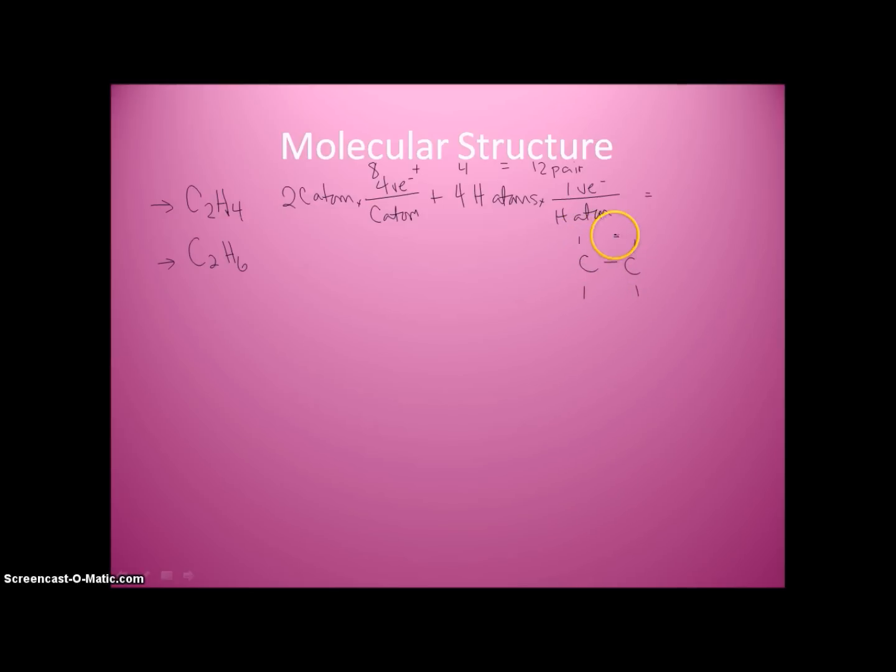And if you just really look at half of it, you would know we don't have any structures like this. And so what we would need to do is see that this would be more like a trigonal planar here.